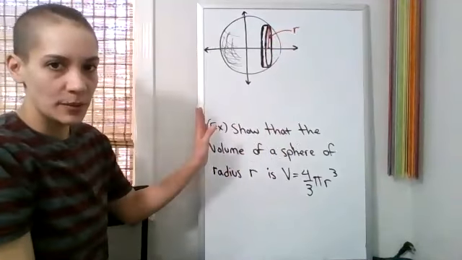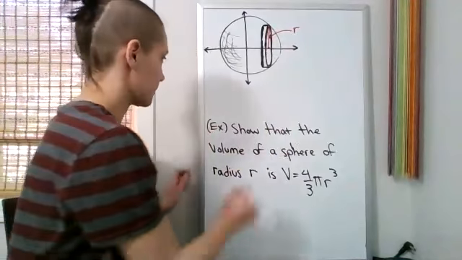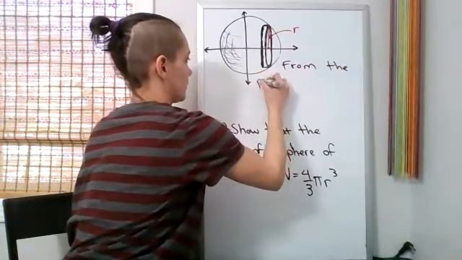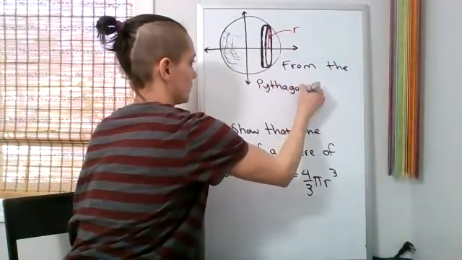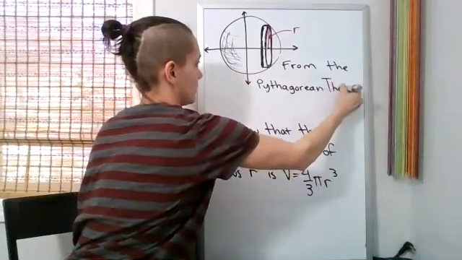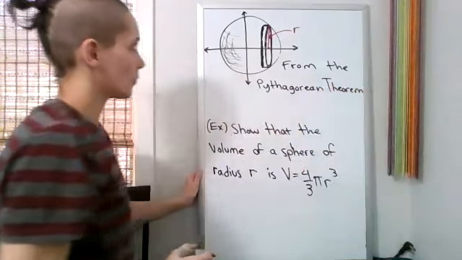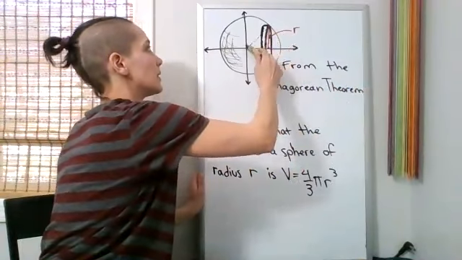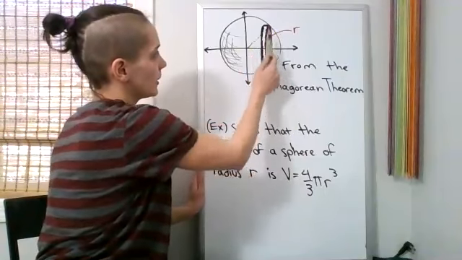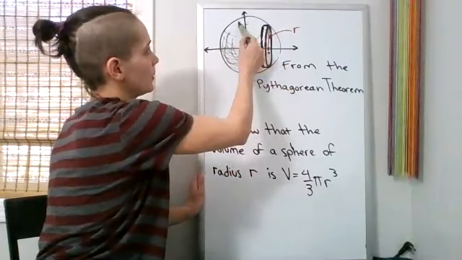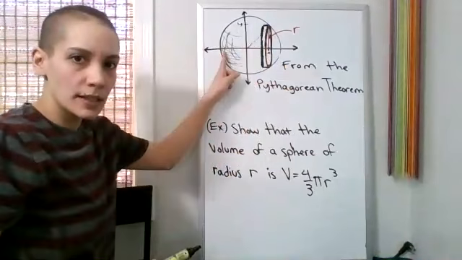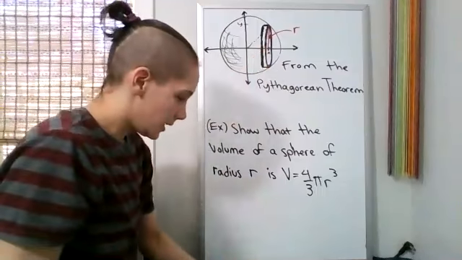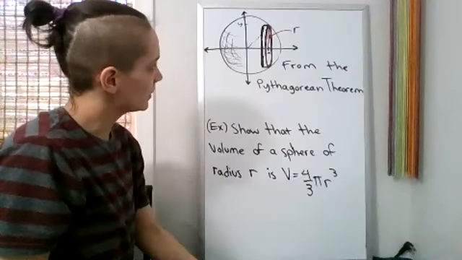And then from the Pythagorean theorem, you can draw a rectangle here, come down to the origin, and this x value and this y value can go into the equation. Let's see, x squared, what is this? x squared plus y squared equals r squared.